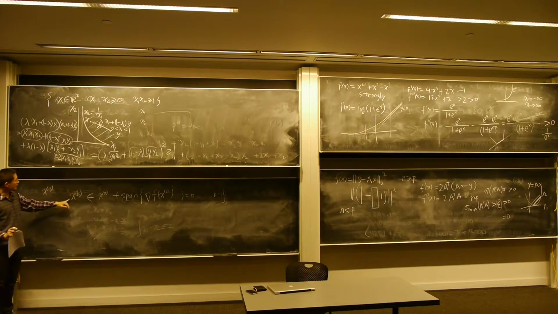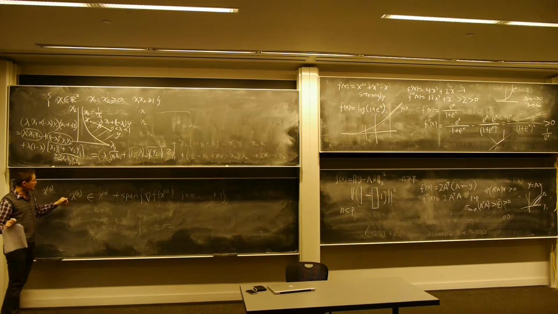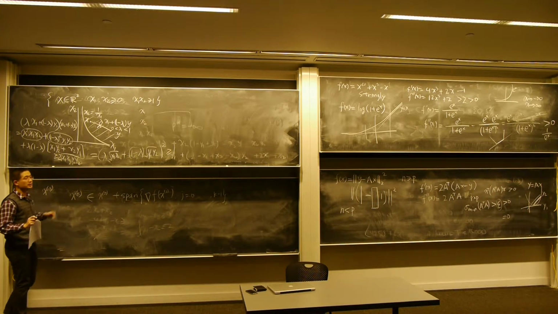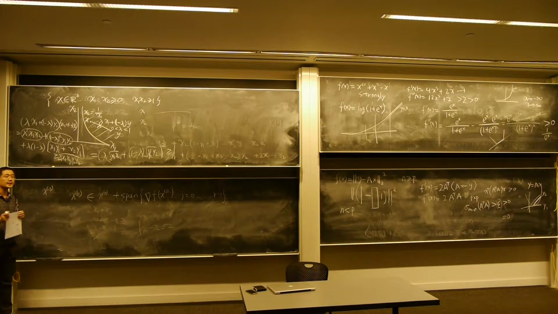So this is the definition of first order method. I believe in class we showed a theorem saying that for any first order method, for any smooth convex function, the rate cannot be better than 1 over k. I think that's the rate.